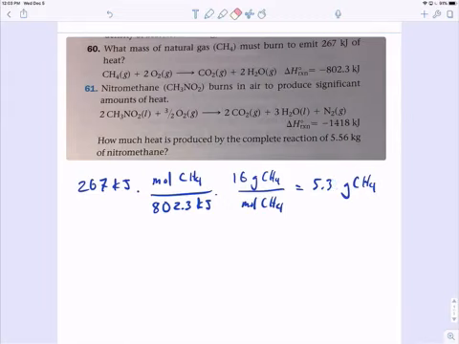So, any questions on how to do this one? The point is to connect the heat of a reaction to the stoichiometry.